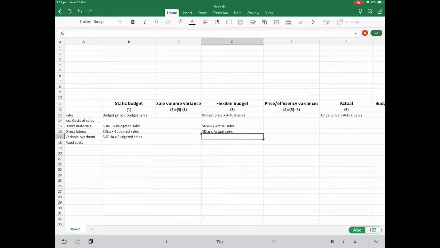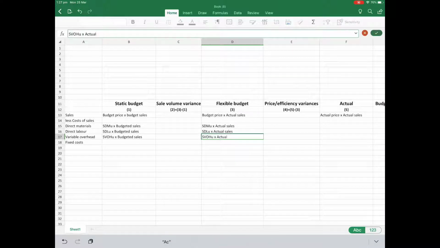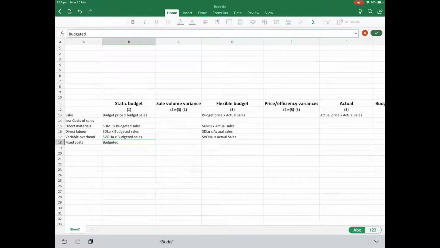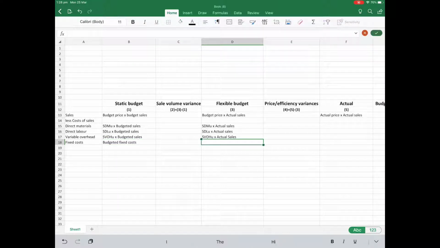So you see that we keep the same thing here, and then standard variable overhead per unit, and times the actual sale. And remember that the fixed cost here is the budgeted fixed cost, right? And in the flexible budget, the fixed cost does not change.